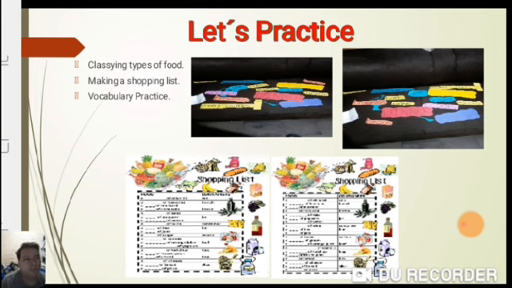For example, bottle of water, bottle of soda, a cake, etc. In order to make them know what things they need to make a shopping list. And after that, they will share their shopping list with the partner and then with the class. That would be activity number 3.